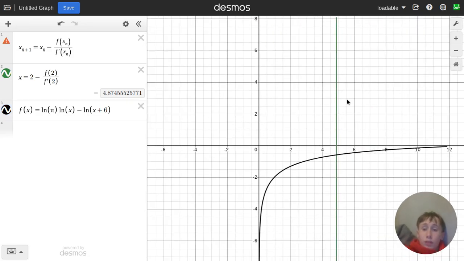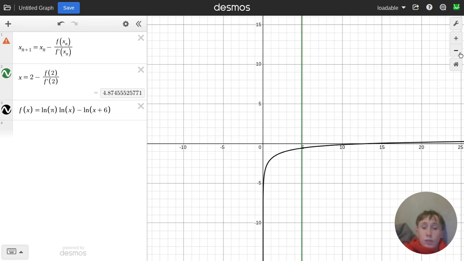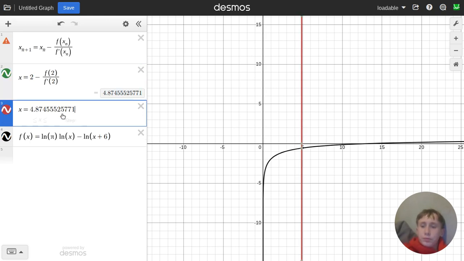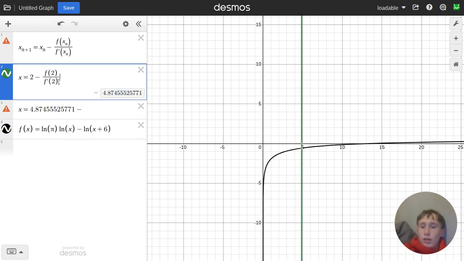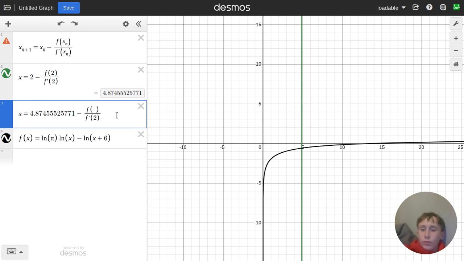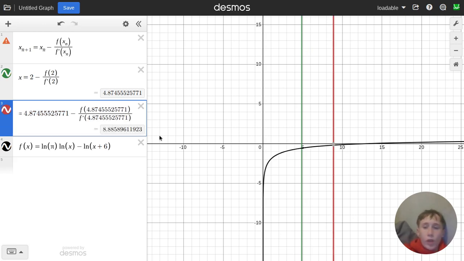So let's input our values. So the first one we got was way off. We're way off there. So x equals this new value here minus, take this. Whoops, my fault. Okay, just got to do that again.